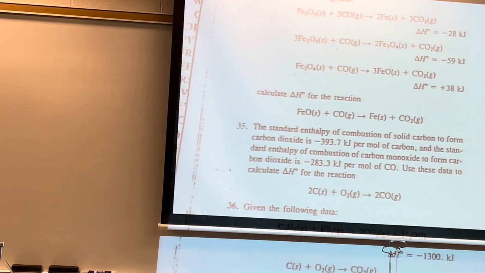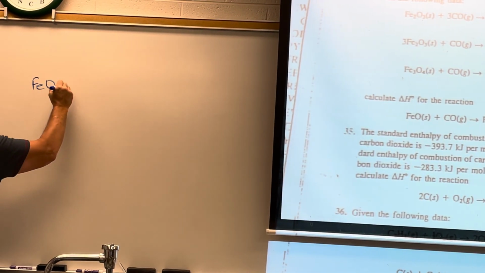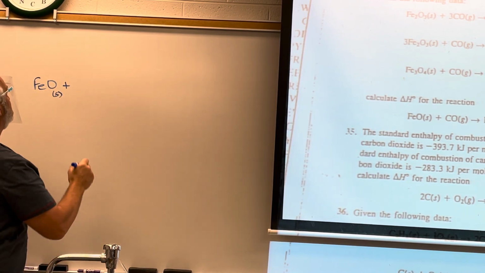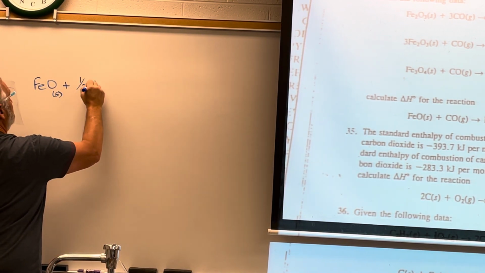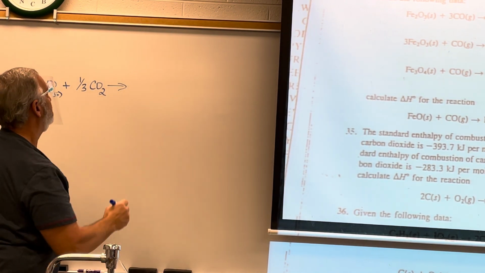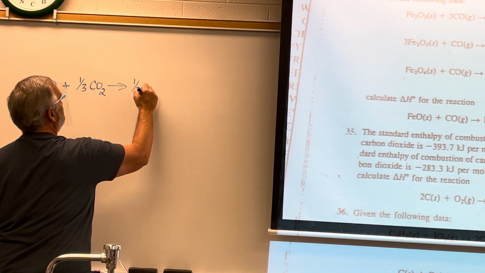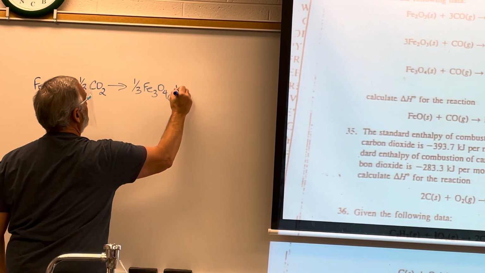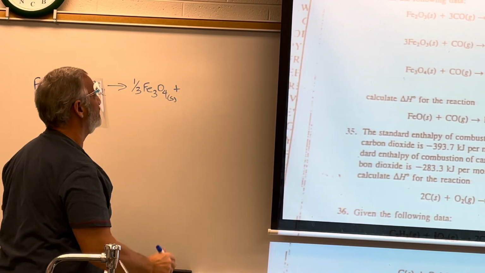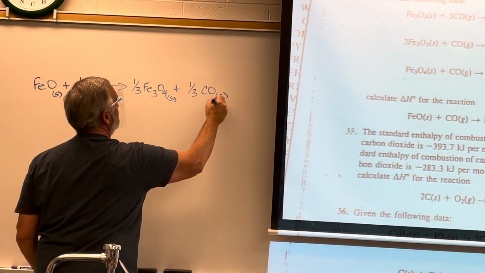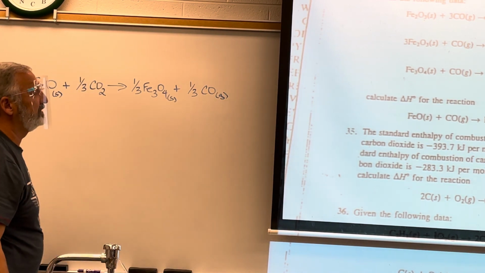So I'm going to reverse it, and I'm going to say FeO plus 1/3 CO2 goes to 1/3 Fe3O4 plus 1/3 CO. So what do I do to my delta H?